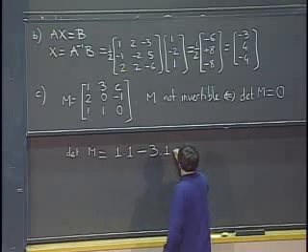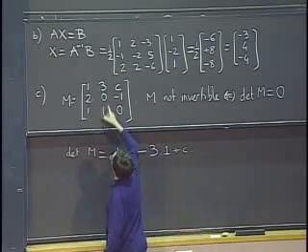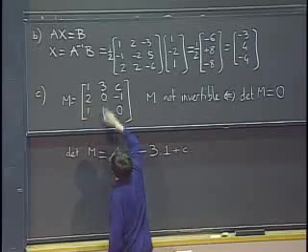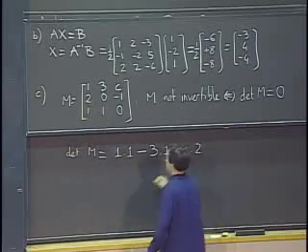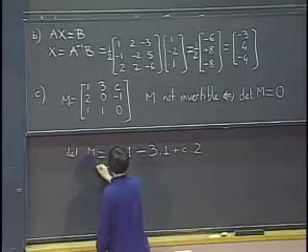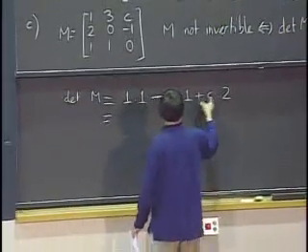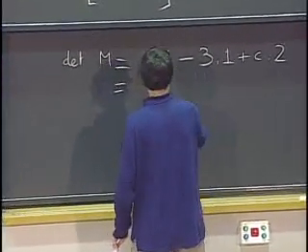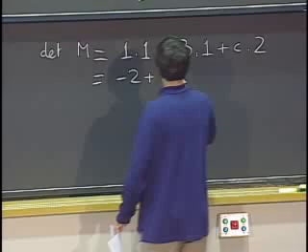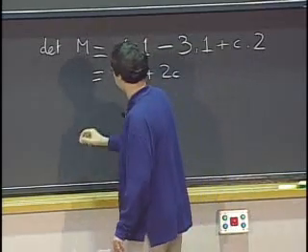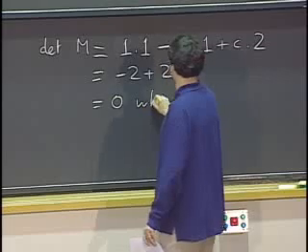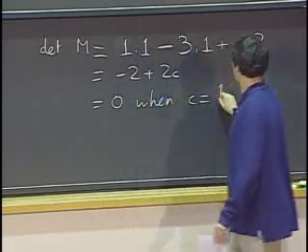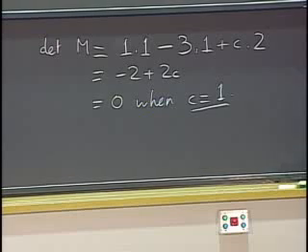And then we have plus C times the lower left determinant, which is 2 times 1 minus 0 is 2. Okay, so that gives us 1 minus 3 is negative 2 plus 2c, that's 0 when c equals 1. Okay, so for c equals 1, this matrix is not invertible. For other values, it is invertible.